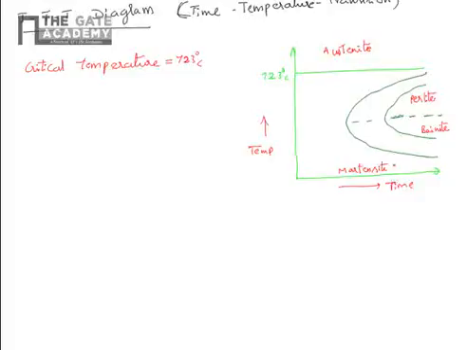That is called the TTT diagram, the time temperature transformation diagram. So at different temperatures the steel exists in different forms.